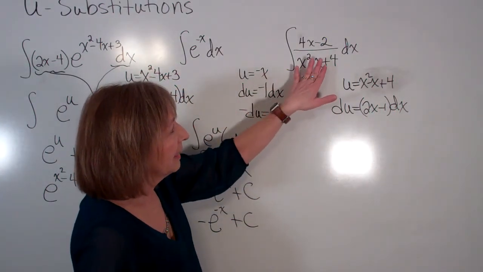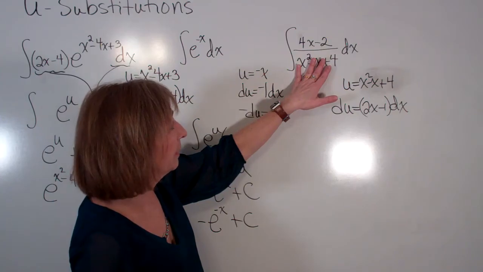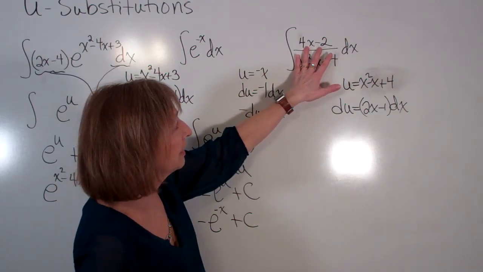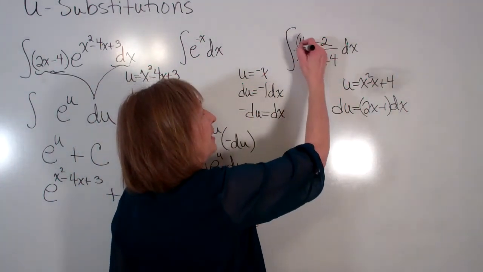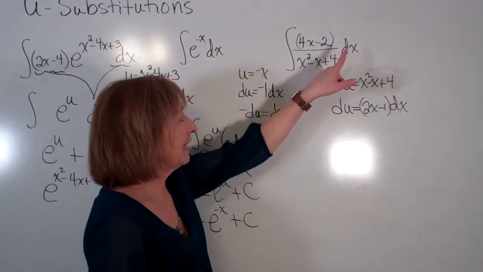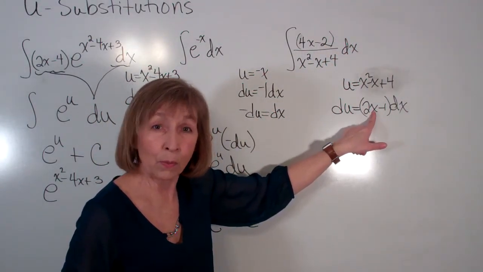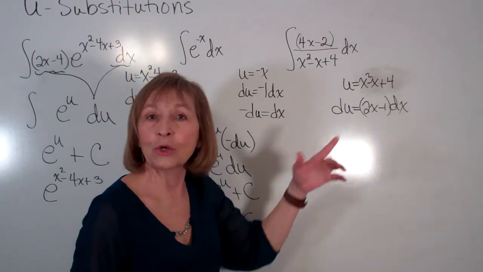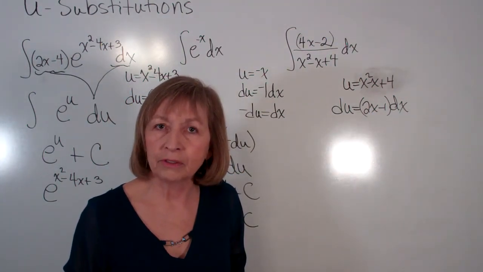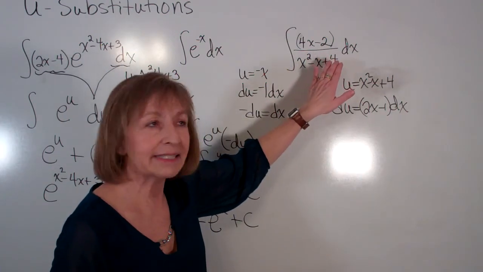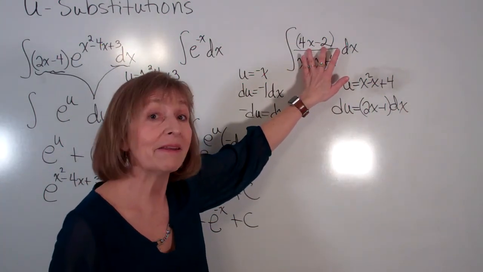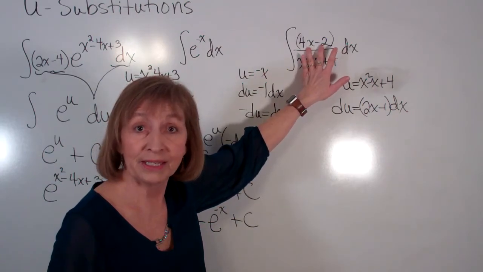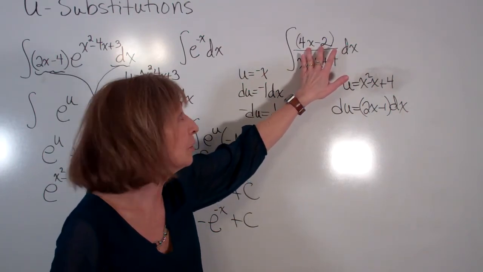And here's where my u is going to be, and my numerator here is the expression 4x minus 2 dx. And this is 2x minus 1 dx. It's not the same, but it's only off by a constant multiple. So actually I can see up here there is a common factor of 2 that we can factor out of this expression in the numerator.